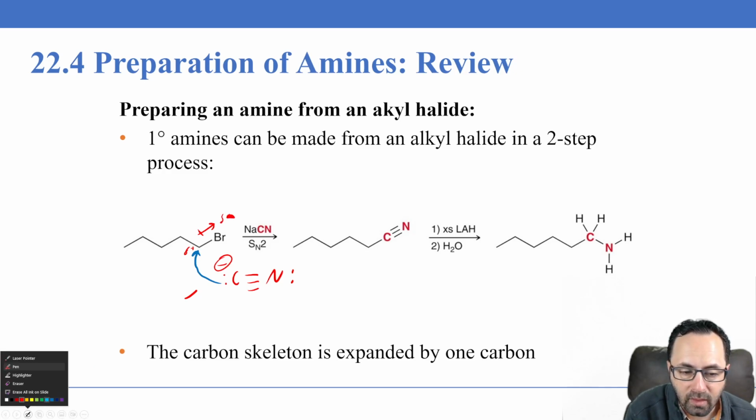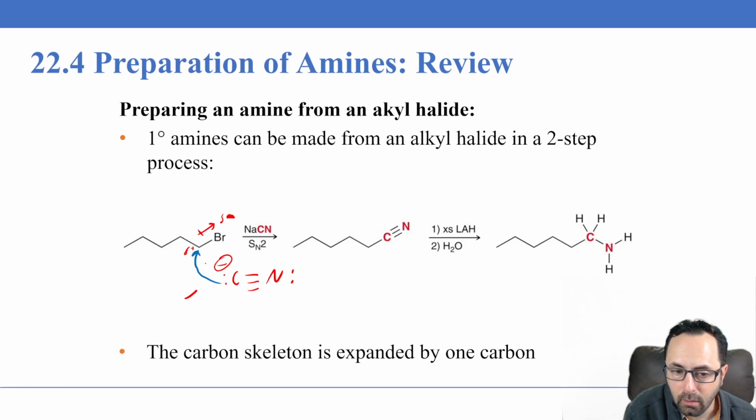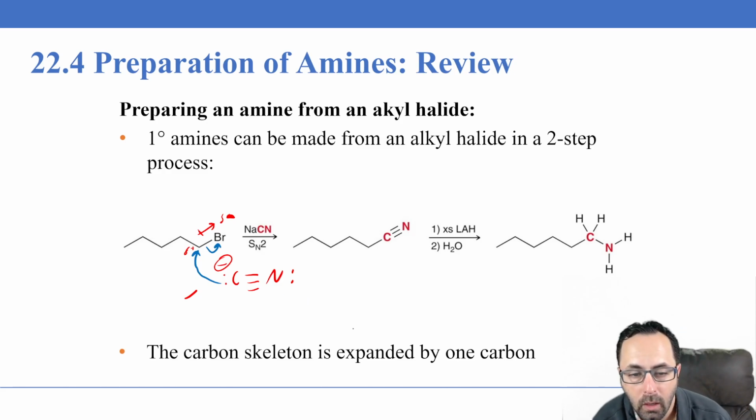But the result is that because we have a primary alkyl halide with an open backside, opposite to the leaving group, for the attack here, we have the nucleophilic attack and the loss of the leaving group occurring simultaneously, and we get the installation of a cyano group. Important to note, this adds an additional carbon.